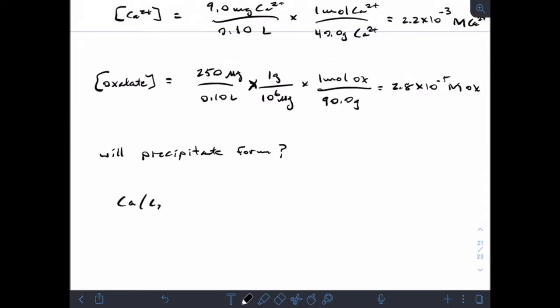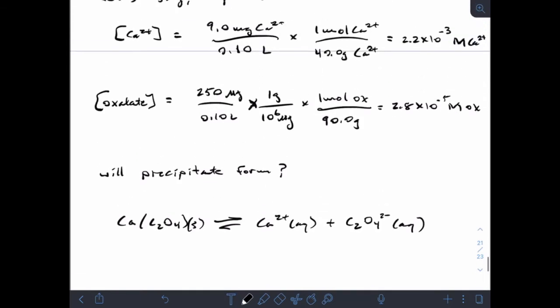We always want to make sure that we have handy our dissolution equation: solid calcium oxalate dissolving into calcium ions and oxalate ions, C2O4 2 minus.